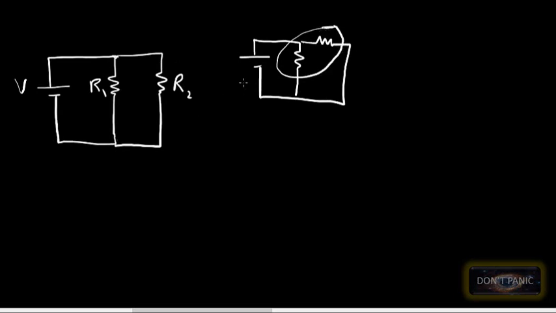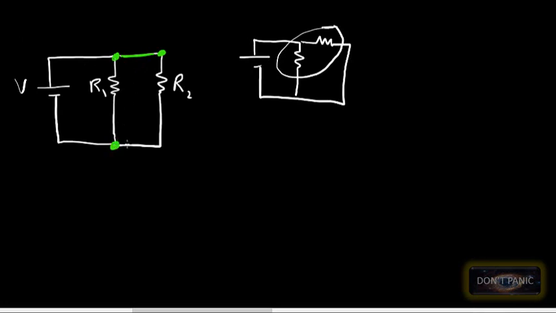Okay, so what determines when two elements are in parallel? It is determined by whether or not they share their beginning points and their ending points. Okay, so R1 and R2 have the same beginning point. Okay, so this wire doesn't really matter. Wire doesn't matter in these circuits.